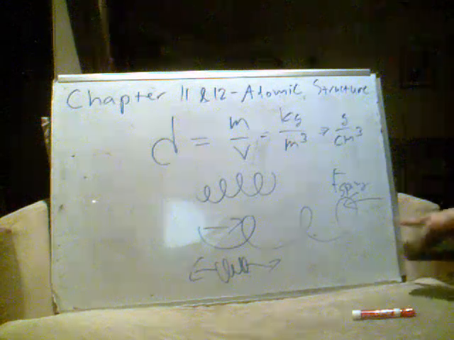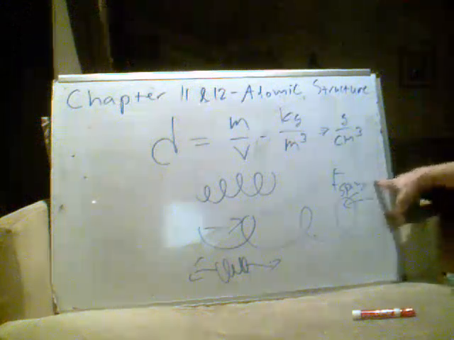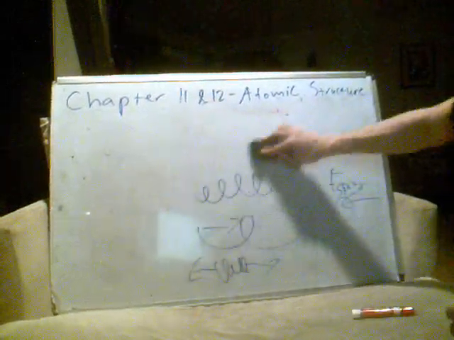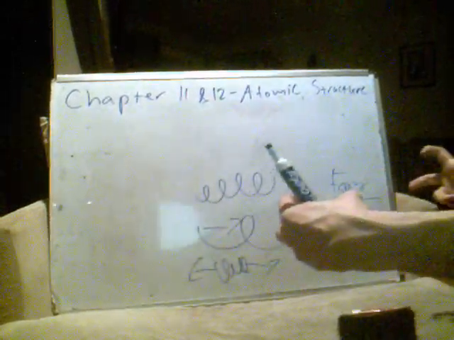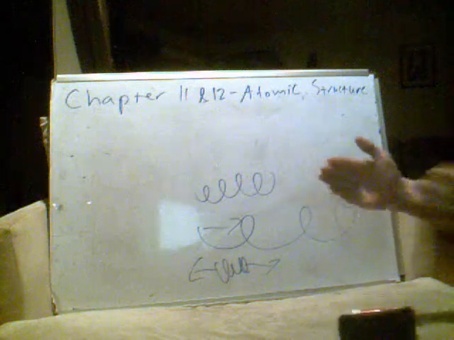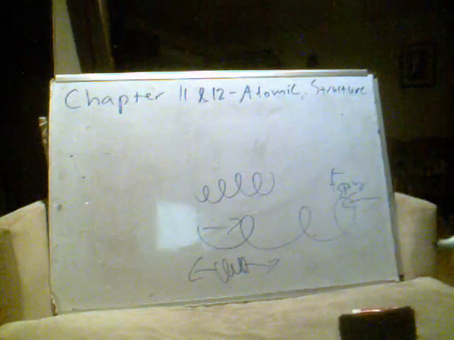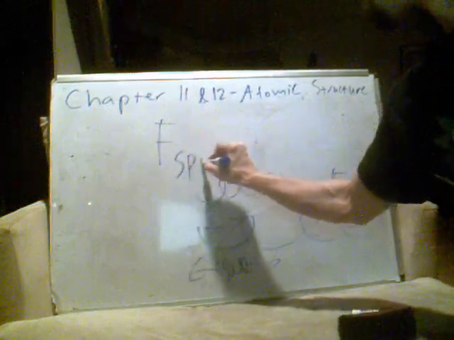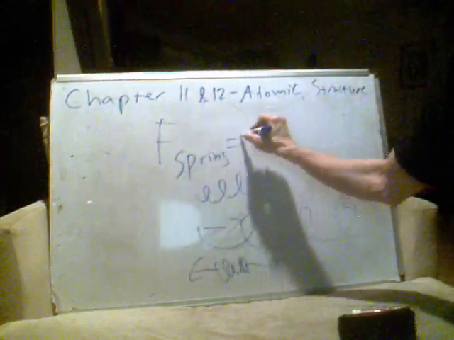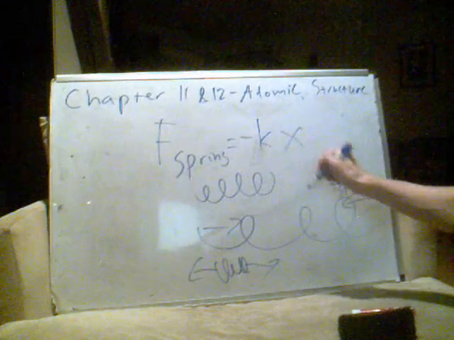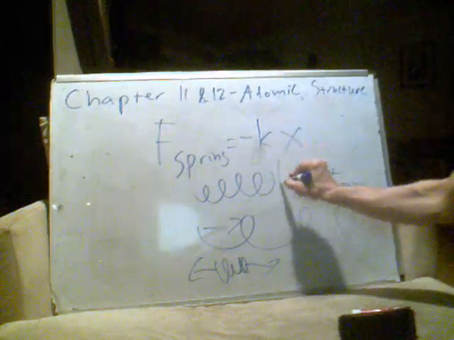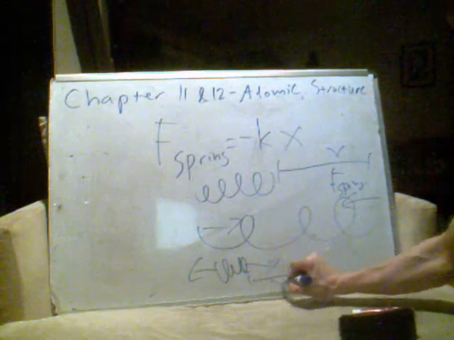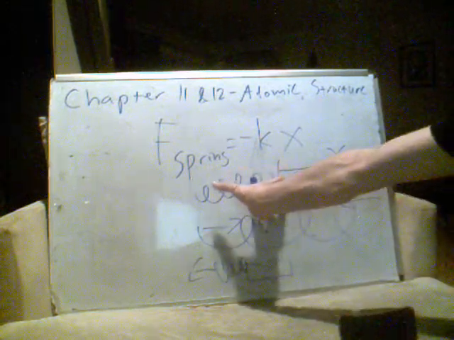If we wanted to talk about the amount of force that it's going to offer, there is a relationship for that. Obviously, the farther you pull it, the harder the spring is going to pull inward, right? And so we say the spring force is minus kx, where x is the displacement from the equilibrium position.